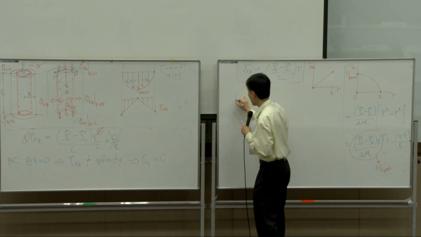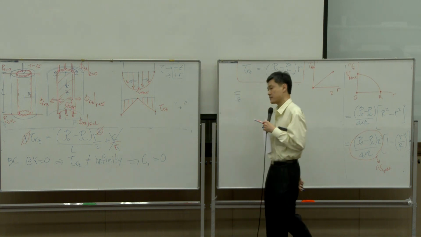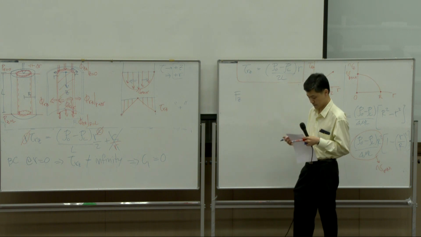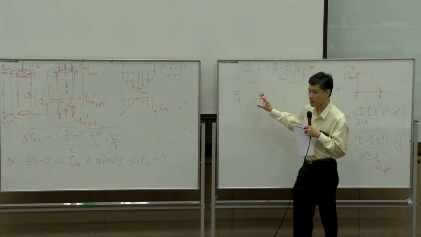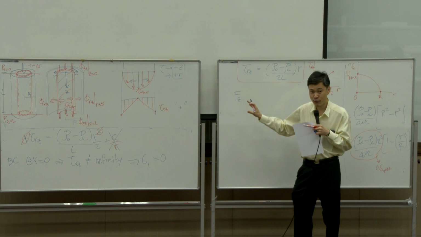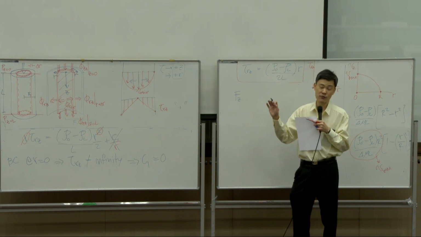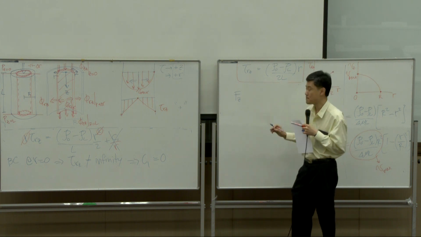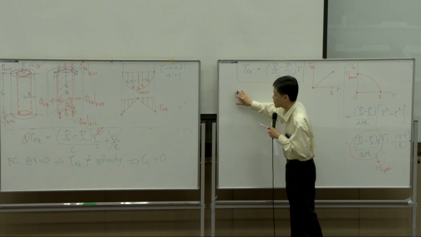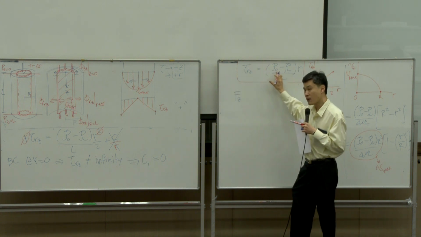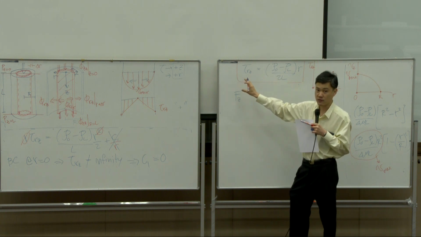So if I want to know the magnitude of the force that the fluid is acting on the wall, this force is supposed to be equal to the force that the wall acts on the fluid, according to Newton's third law, action equals reaction. So we can calculate this force either way. Doesn't matter.